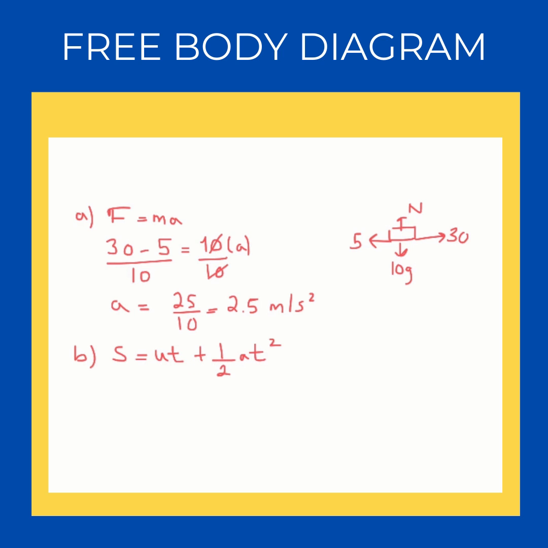So what's u here? I was given that the particle is initially at rest, so the speed when the time is 0 is equal to 0 meters per second. So u, the initial velocity, is 0, times the time, which is 4, plus half times the acceleration, which is 2.5, times t squared, which is 16, because the time is 4 seconds, so 4 squared is 16.